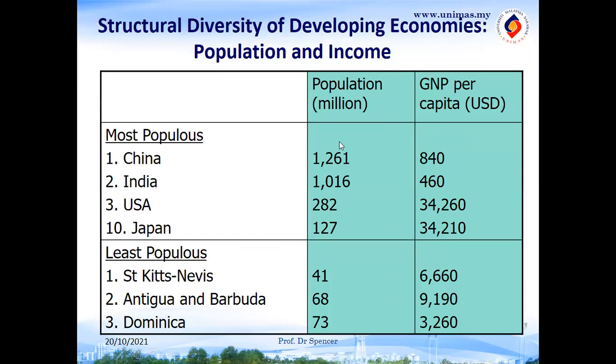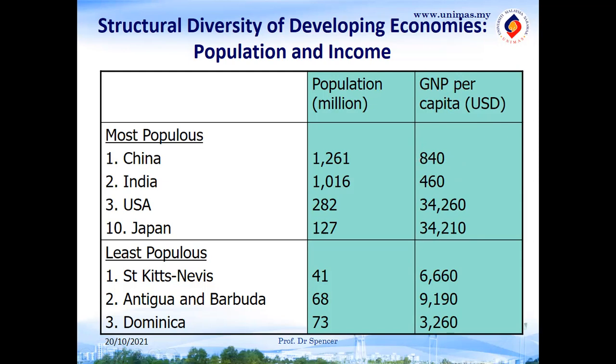So you could see the structural diversity of developing economies in terms of population and income. So most populous is China. But if you look at GNP per capita, it is not big. Yeah? Only US 840 USD per person. Sebabnya apa? Sebabnya bilangan penduduk yang terlampau ramai.